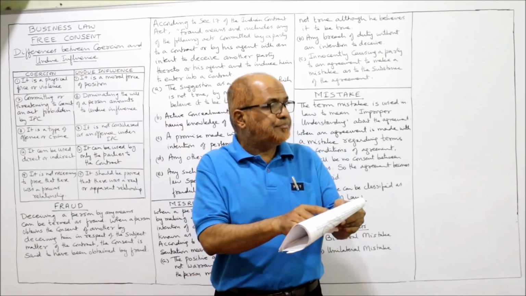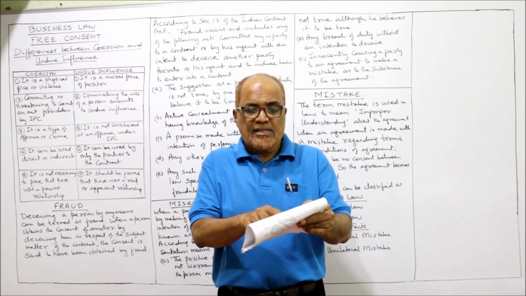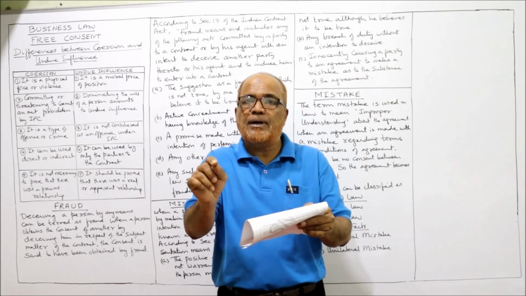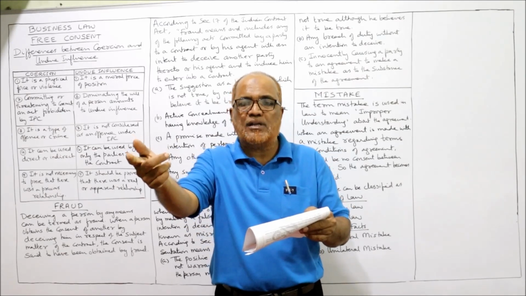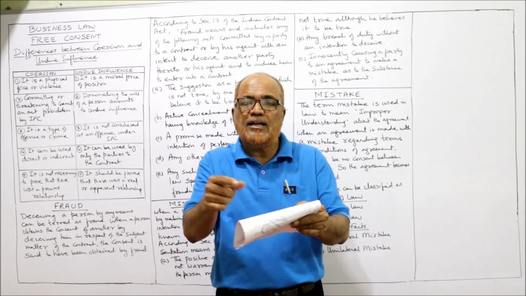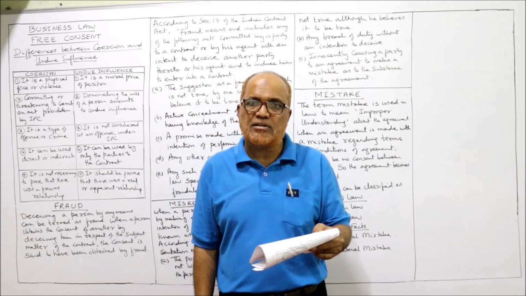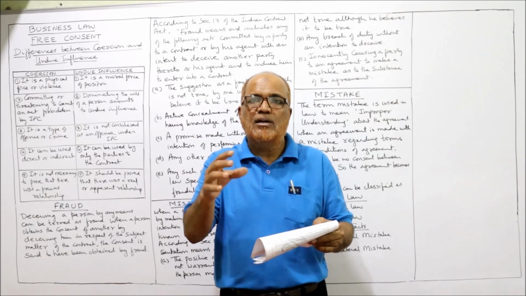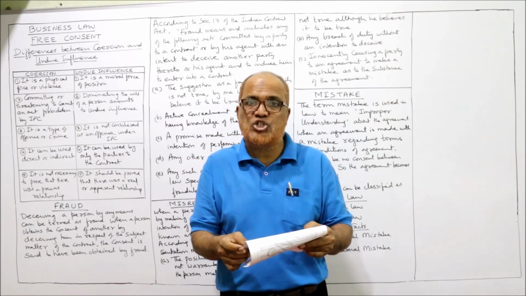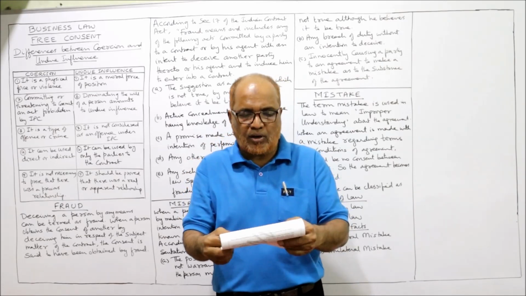So here Seshamma transferred the property to another person on the threat that her husband would commit suicide if she did not sign the agreement. So it is a contract given by coercion. So Seshamma can avoid the contract.